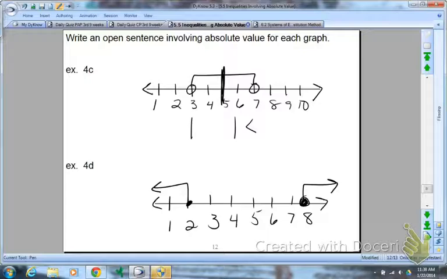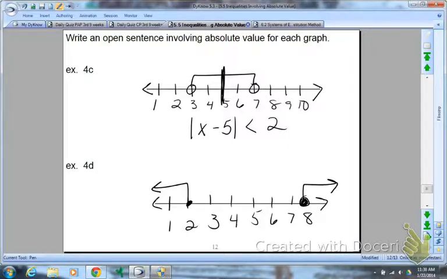So we would put x minus 5. Now from the middle, how many places did we have to go to the right? 2. And how many places did we have to go to the left? 2. So its absolute value of x minus 5 is less than what? 2. How could we check to make sure this is right? Solve it. And we better get that graph.